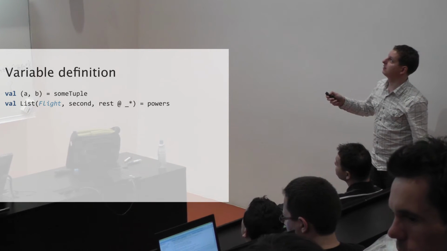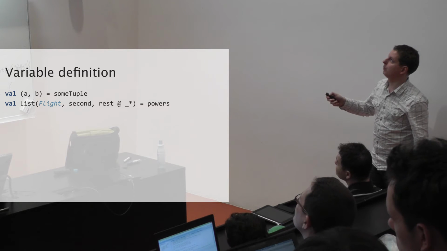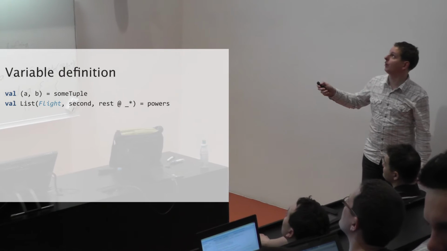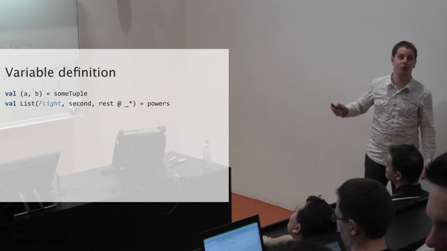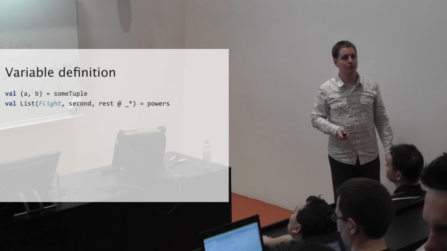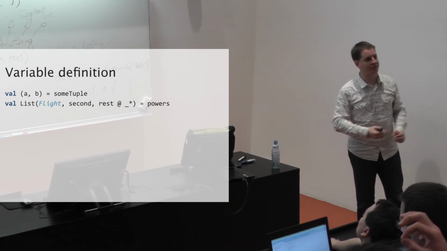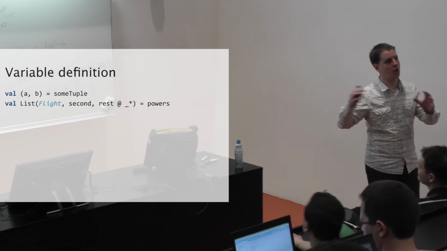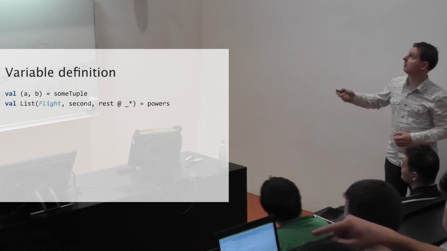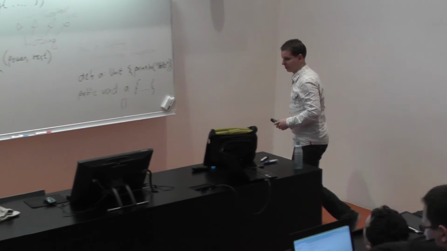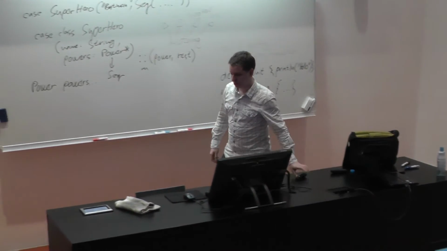And this at symbol will create a variable rest where the content of this is put into. So sometimes you may use an inner pattern, a nested pattern, and want the whole thing in another variable. I can put another example, which might be clearer.